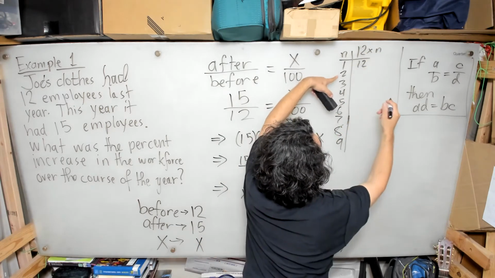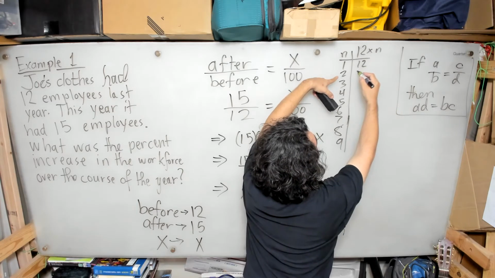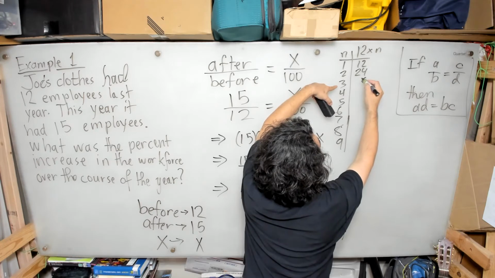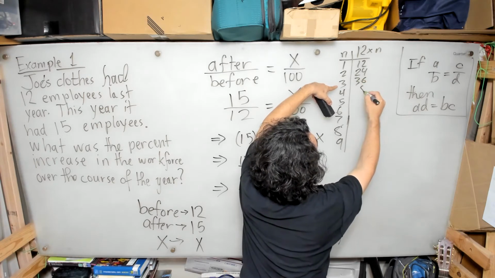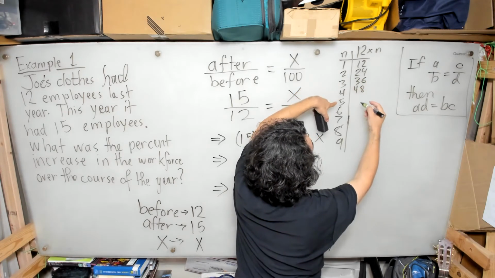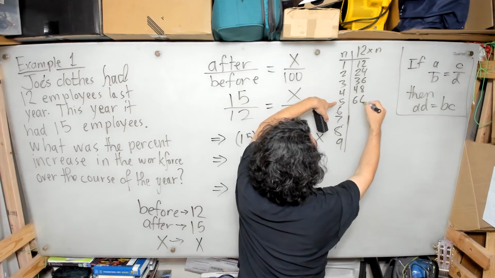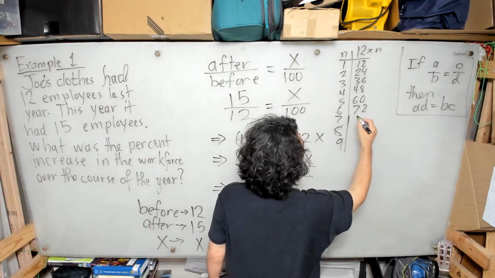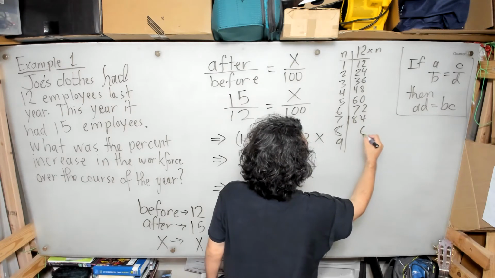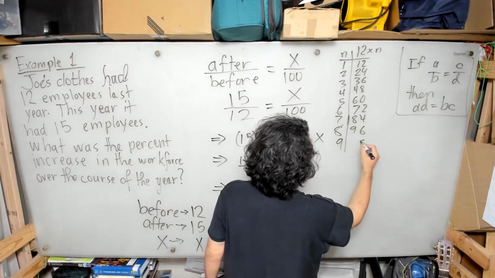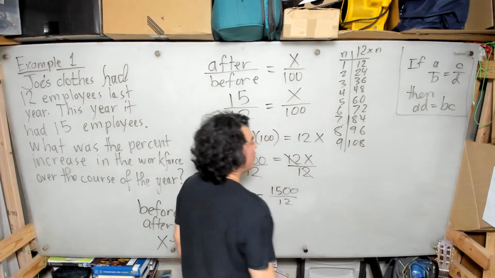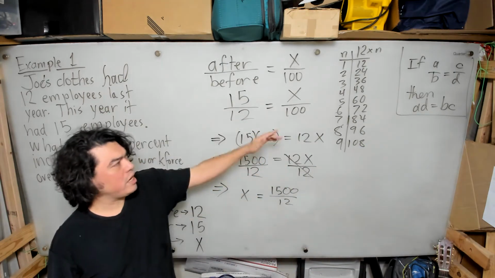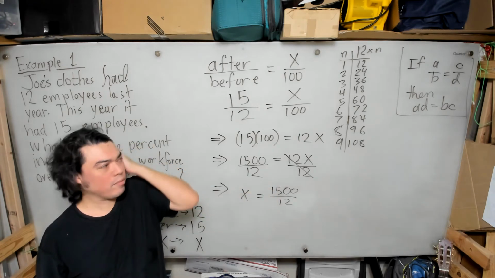If I multiply it by 2, that's the same thing as adding 12 to this, so it'll be 24. If I add 12 to that, I'll get 36. Then 48, then 60, then 72, 84, 96, and 108.